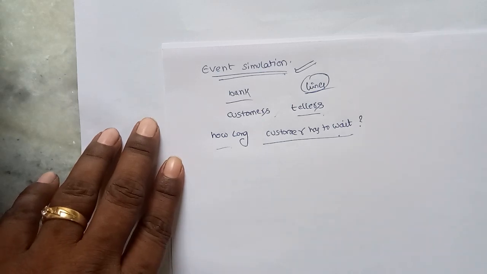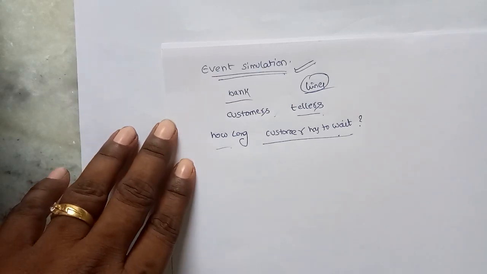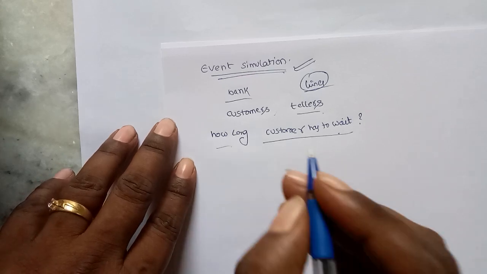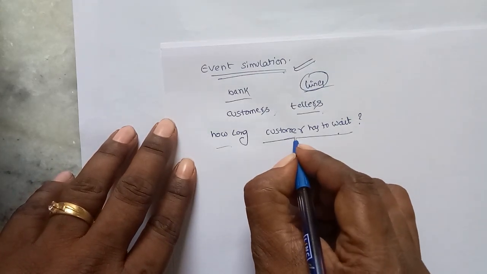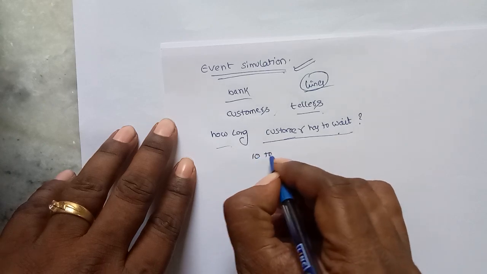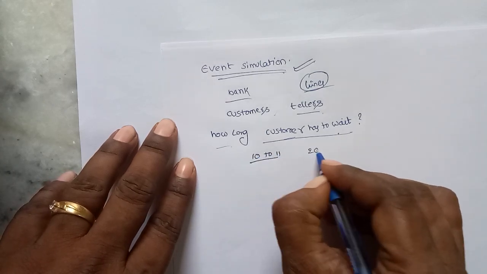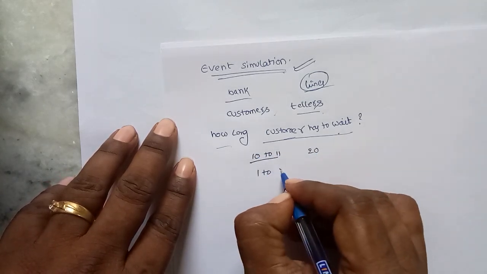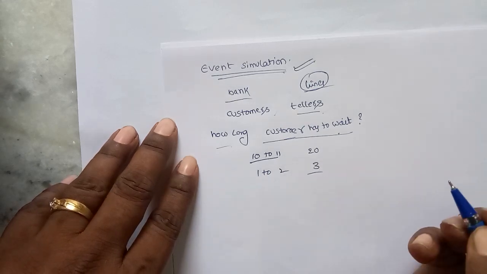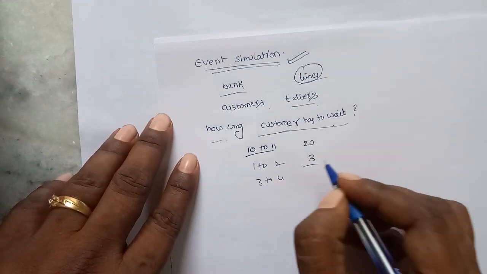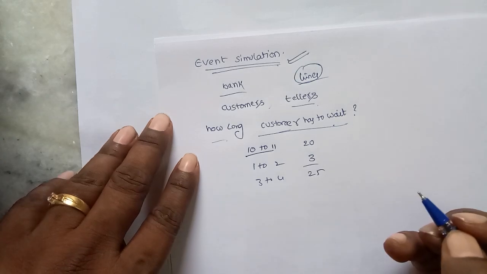Based on these probability distributions on the arrival of customers, for example, if at time 10 to 11 we have 20 customers arrived, at time 1 to 2 only 3 customers arrived, at time 3 to 4 some 25 customers arrived.